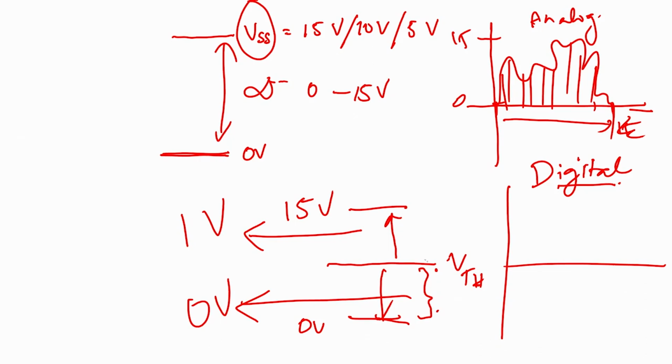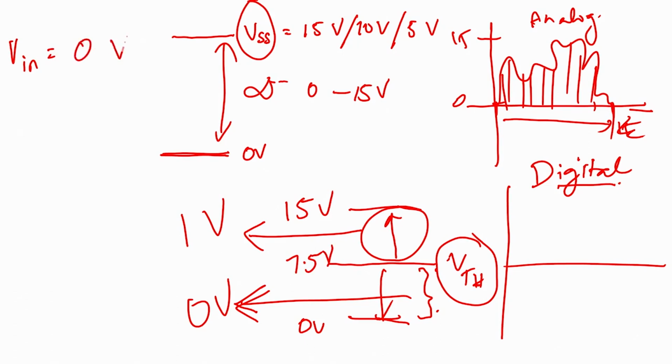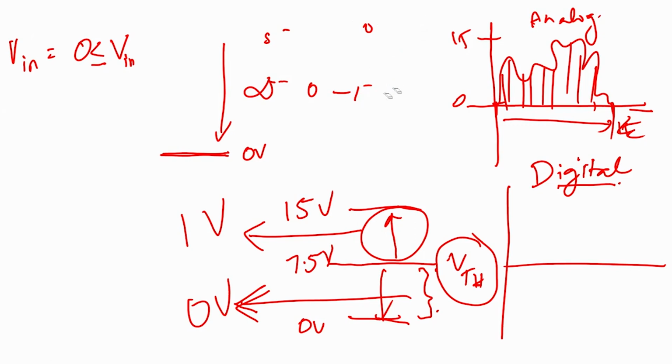So this infinite band of voltages, by setting this threshold voltage VTH, we are quantizing so that it will be 0 volt, and this band of voltages, let us say this is 7.5 volt midpoint. So we say that if V in is anywhere between 0, V in is greater than or equal to 0 volt, and so let me rub this off. I think this is clear to you, we will come back to this.